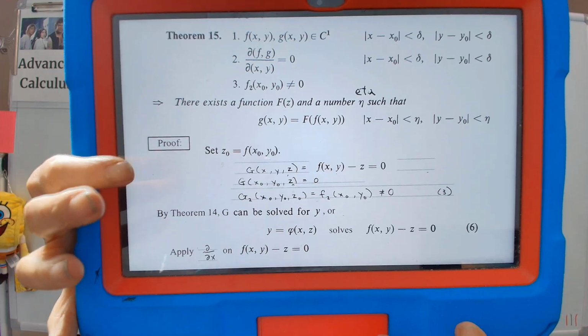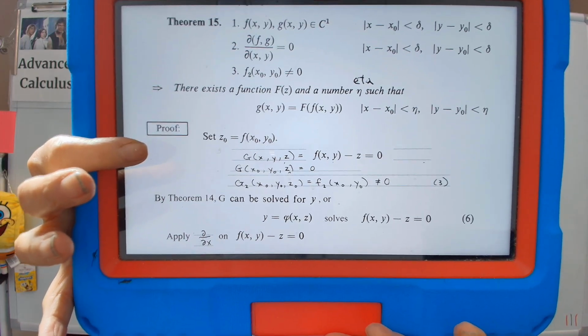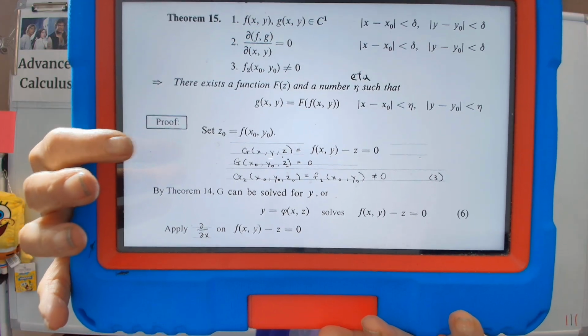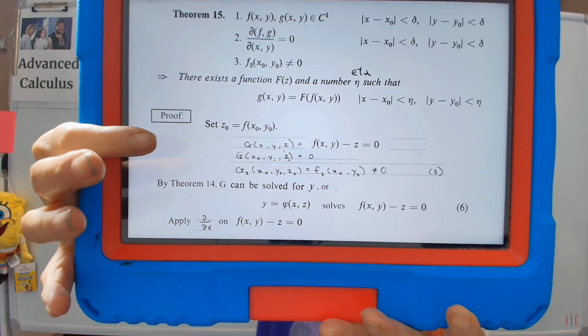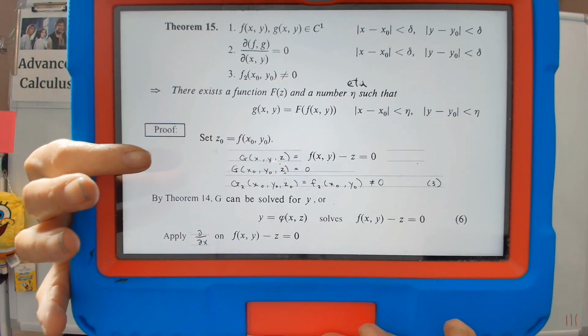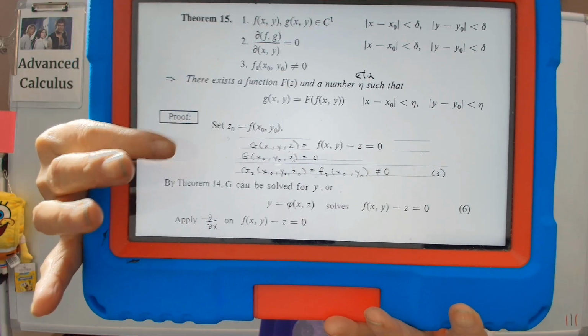Now the proof: let's say z0 is f of x0 and y0. And then what is G of x, y, z? I defined the big G as f of x, y minus z equal to 0. The book doesn't do that, but I feel that it makes things a little clearer.